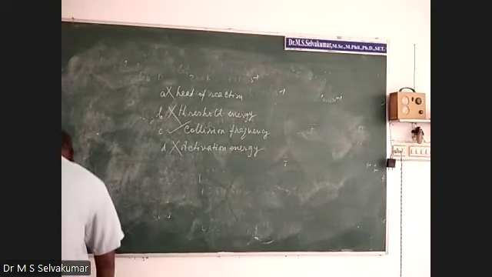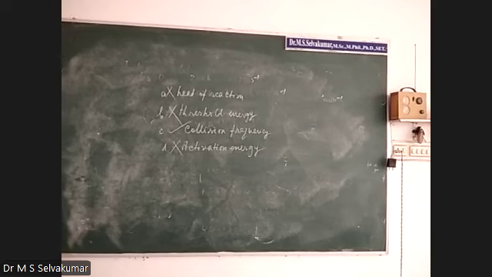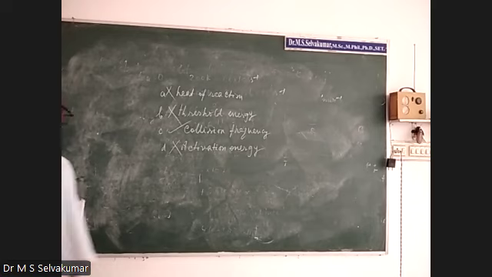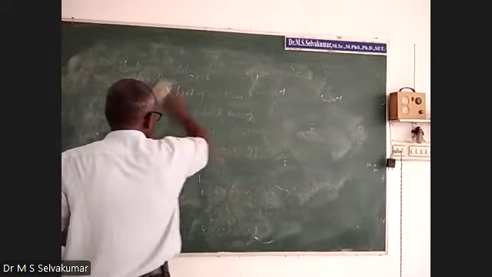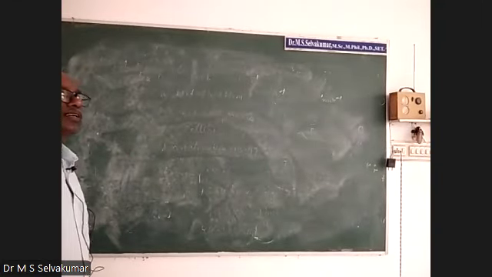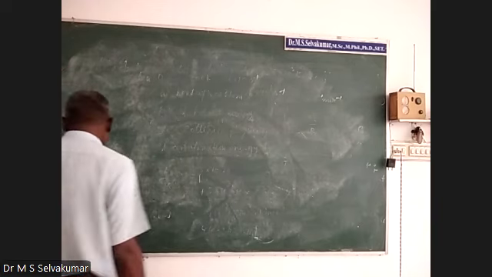So another statement problem. I take down this. You know what is a catalyst? A catalyst is a substance which alters the rate of the reaction and remains unchanged after the completion of the reaction or at equilibrium in its mass and chemical composition.